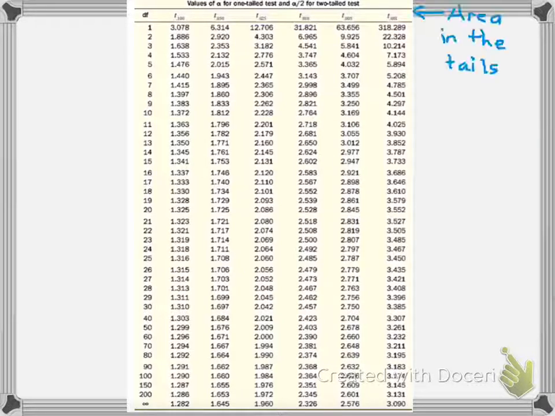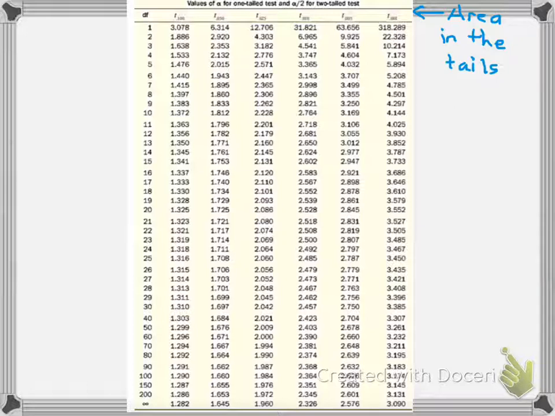And to use this table, across the top, as my arrow is showing there, it tells you the areas that you are thinking about. So that's your t sub alpha over 2. Sometimes the area there is 10%, which is 0.1. Sometimes it's 5%, which is 0.05.